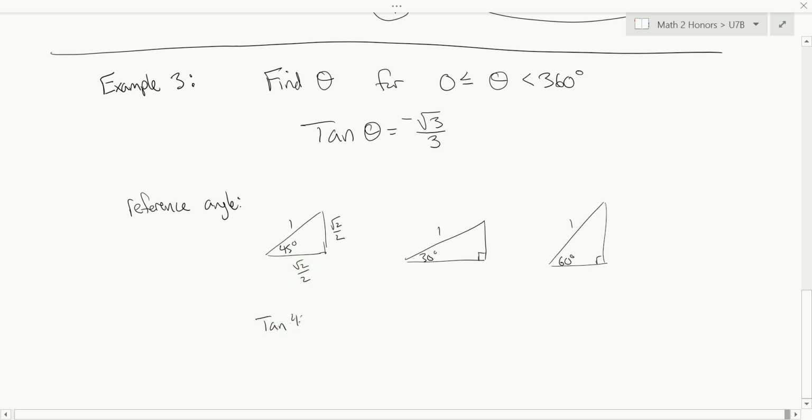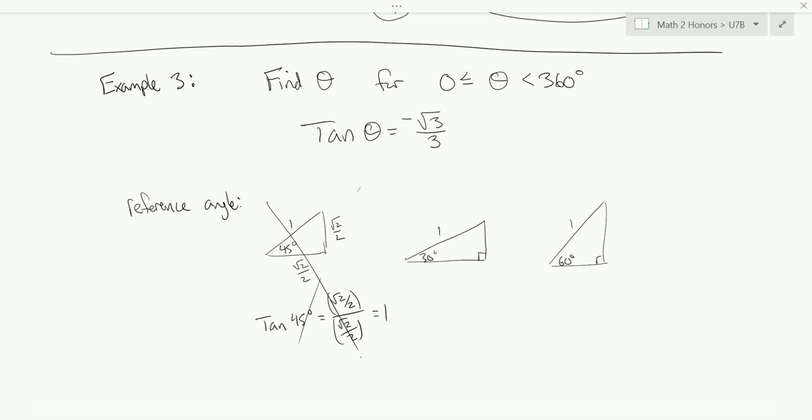Tangent of 45 is root 2 over 2 over root 2 over 2. Those are the same, and I get 1, and that's not right. So, okay, we tried it. Didn't work out. It's going to be one of these, though, right? So then I take another best guess. I'll try 30.